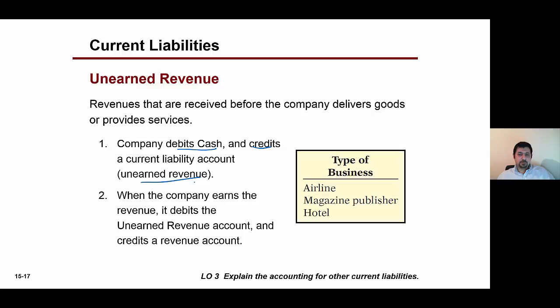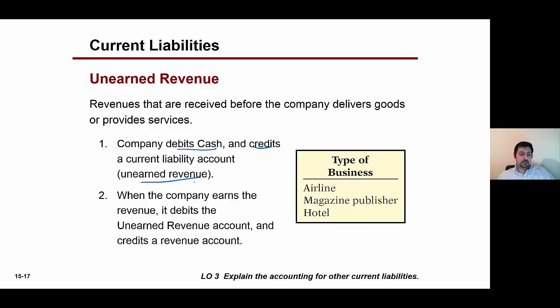Magazines. For example, if a company publishes a magazine and a customer purchases a subscription for a whole year, made up of 12 volumes, the company will have received cash for 12 volumes.